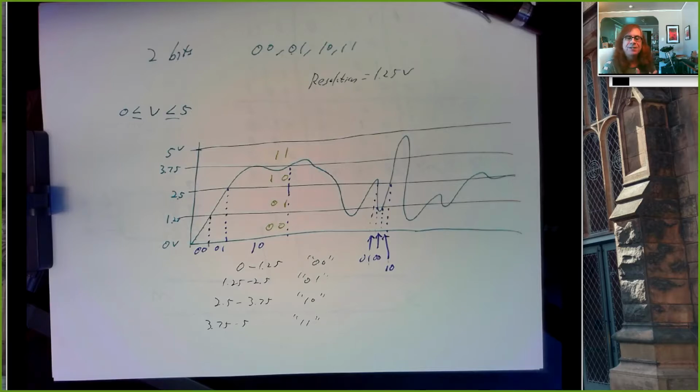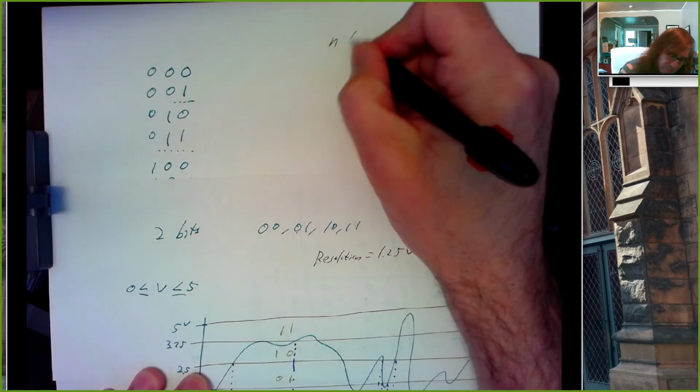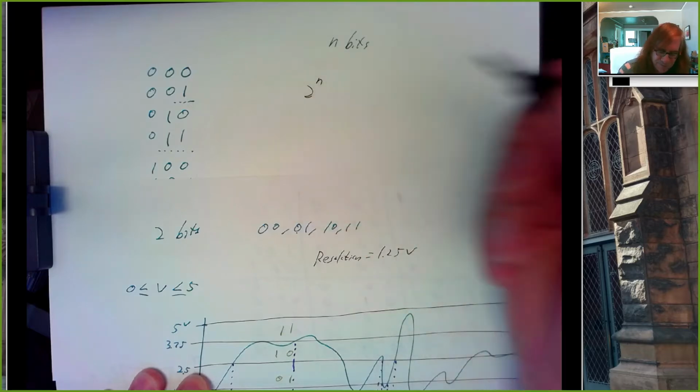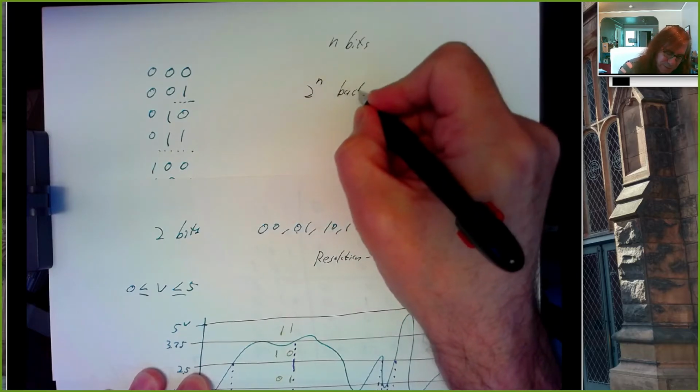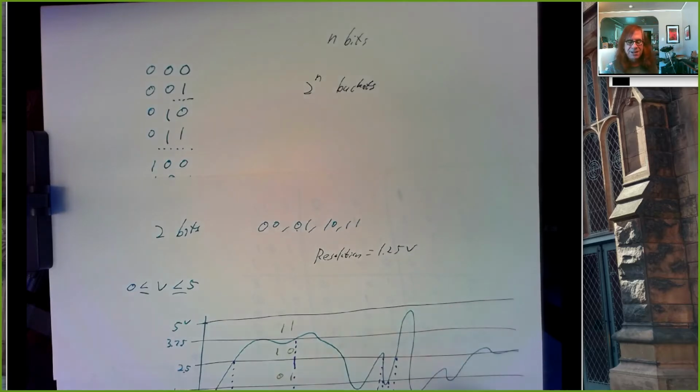And so the book develops some formulas for this, and in Engineering 270 we dig into this a little further. But basically the idea is if you have n bits, you have 2 to the n, I'll just call them buckets, categories, containers, whatever. N bits let us code 2 to the n different pieces of information.